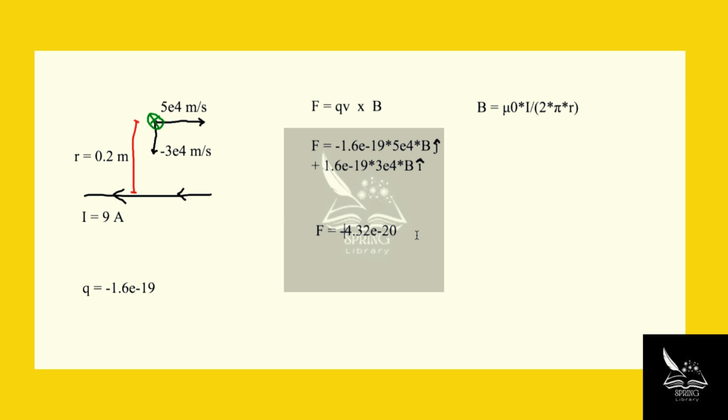The other component is 7.2 times 10 to the minus 20. Oops, I've written these backwards. The first one is the j hat component, and the second one is the i hat component.